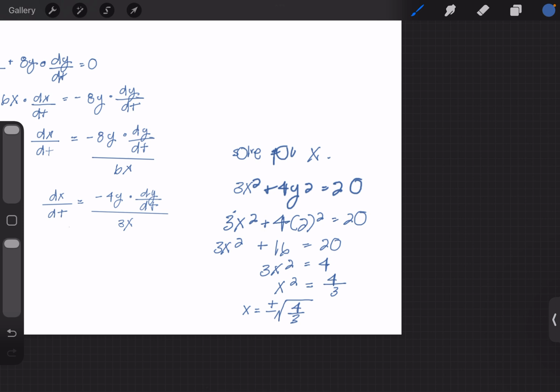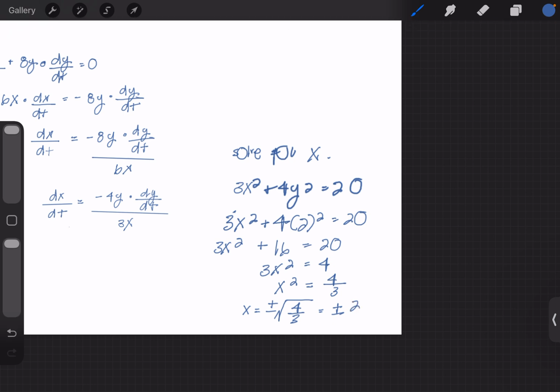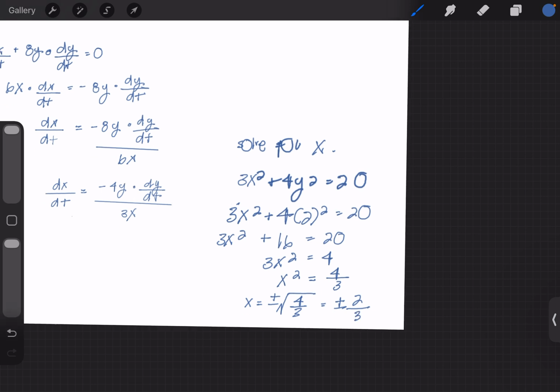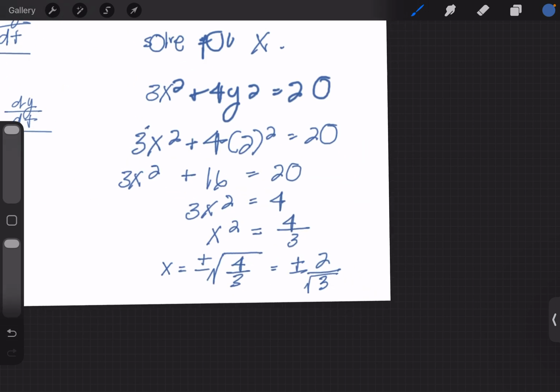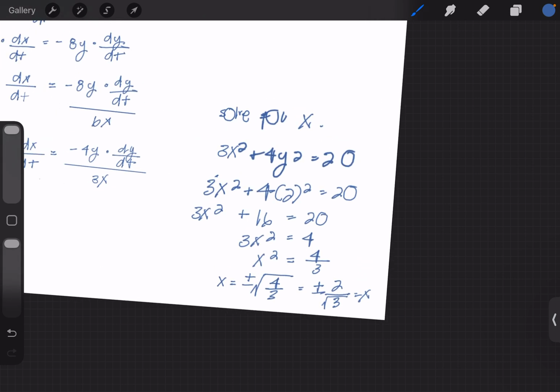I think we can simplify this a little bit further. The square root of 4 is 2, so plus or minus 2 over the square root of 3, because that can't be simplified further. So this is our x.